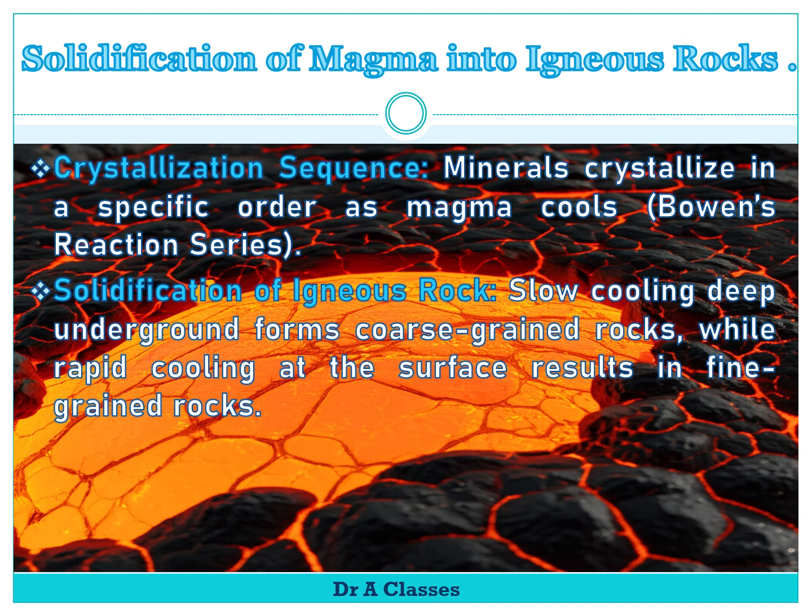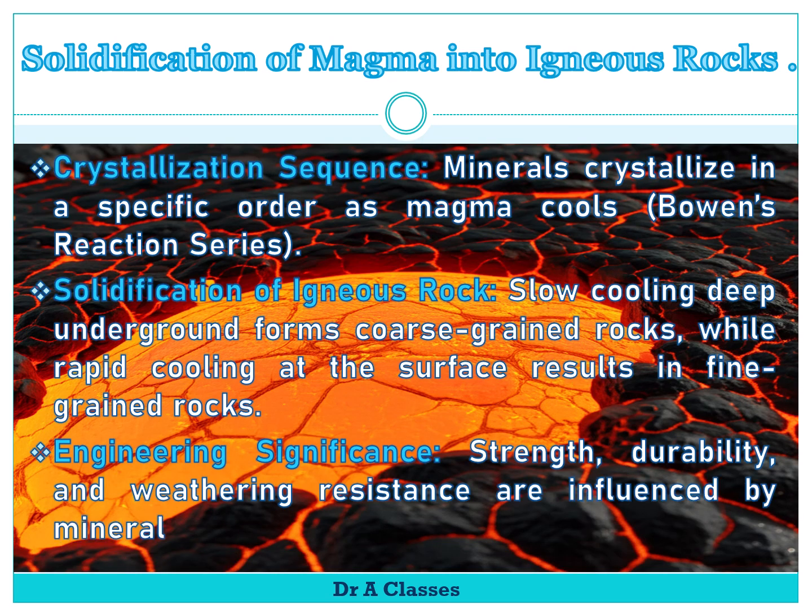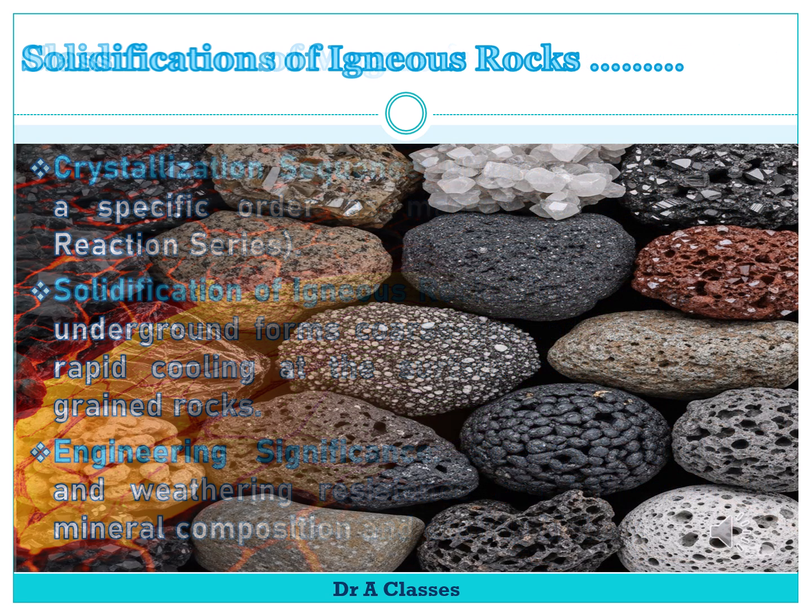In contrast, extrusive rocks cool rapidly at or near the surface, resulting in fine-grained or glassy rocks like basalt or obsidian. From an engineering perspective, the formation environment affects rock properties such as compressive strength, weathering behavior, and suitability for construction. For example, coarse-grained rocks are typically more durable and easier to evaluate for load-bearing applications.